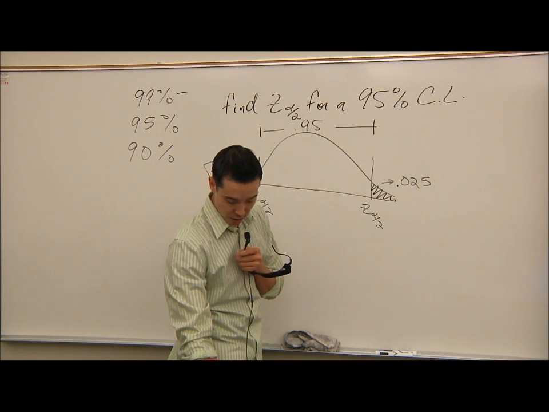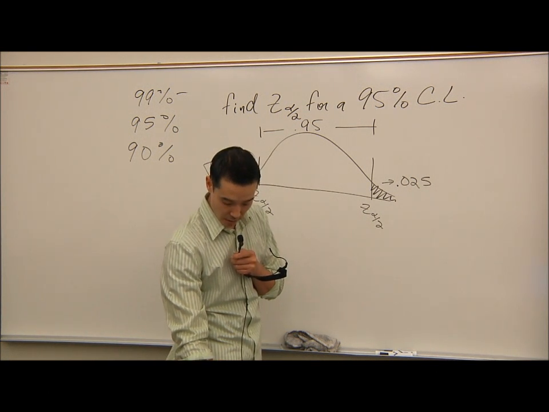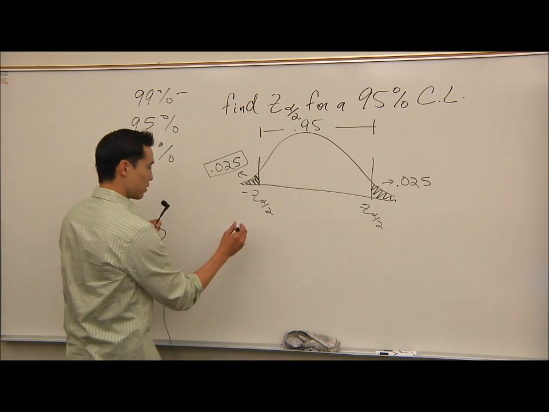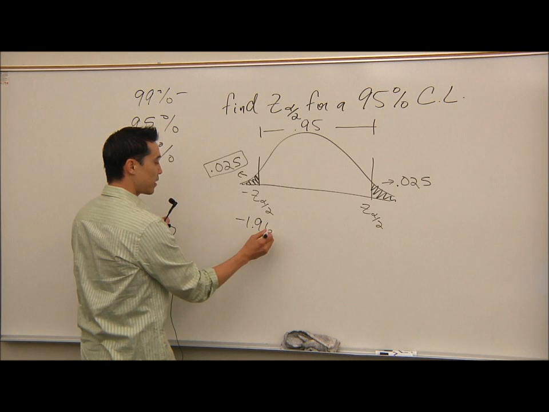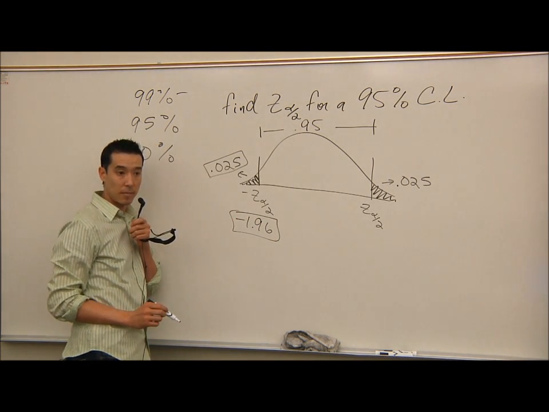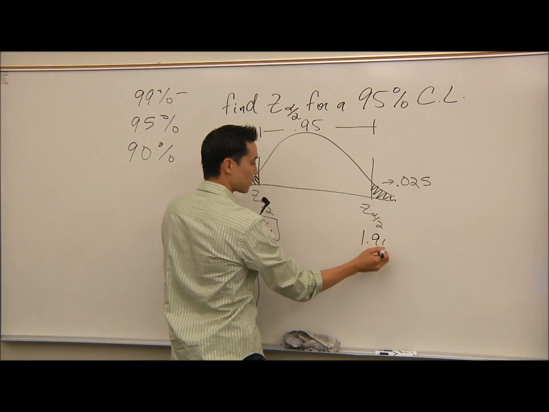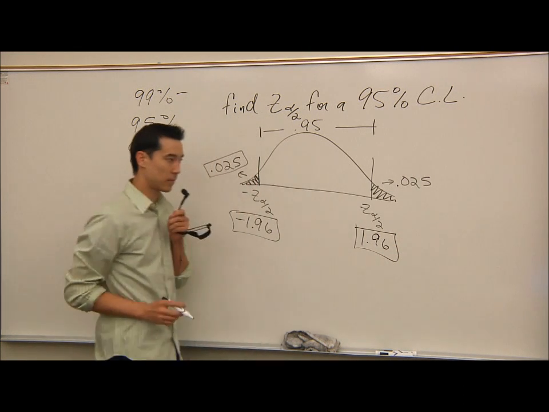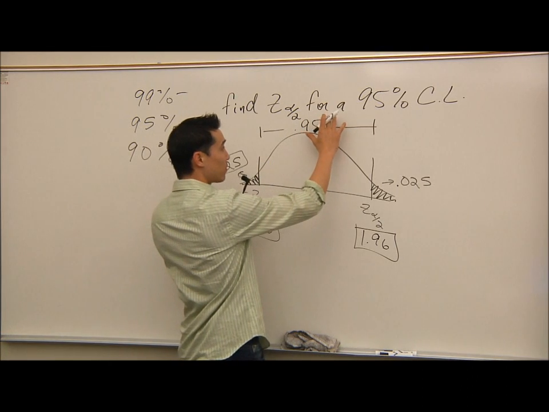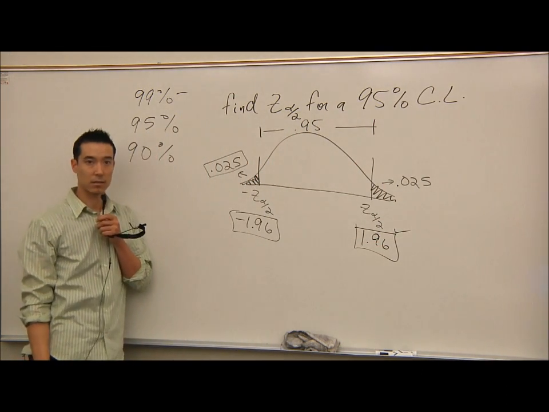It should be negative 1.96. The z-value negative 1.96 gives you 0.025. Okay? So just double check that you see that that happens at negative 1.96. All right? Then by symmetry, this is positive 1.96. Okay? So to answer this question, find the z sub alpha over 2 value for a 95% confidence level. The answer would be positive 1.96.